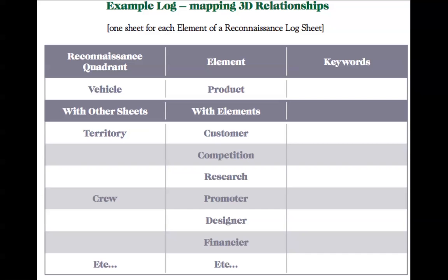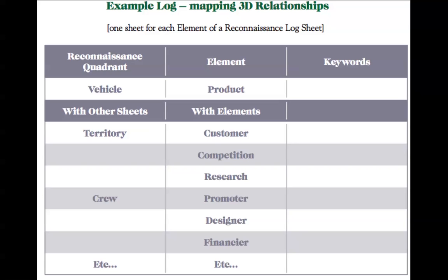Plus, I've identified that I have relationships between my product from my vehicle quadrant with the promoter and designer and a financier from my crew quadrant. There are actually a few less obvious ones, but we'll get back to those later.